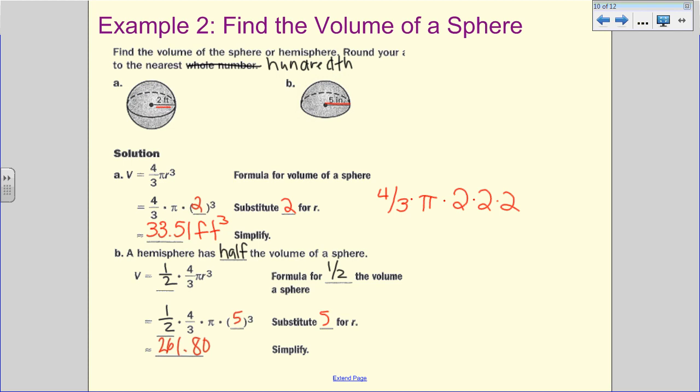We have to have inches, and it's inches cubed. Now remember, on your calculator, some of you may have to write 0.5 times 4/3 times pi times 5 times 5 times 5. If you're not getting the same answer as me on your calculator, then we need to definitely talk about that in class tomorrow.